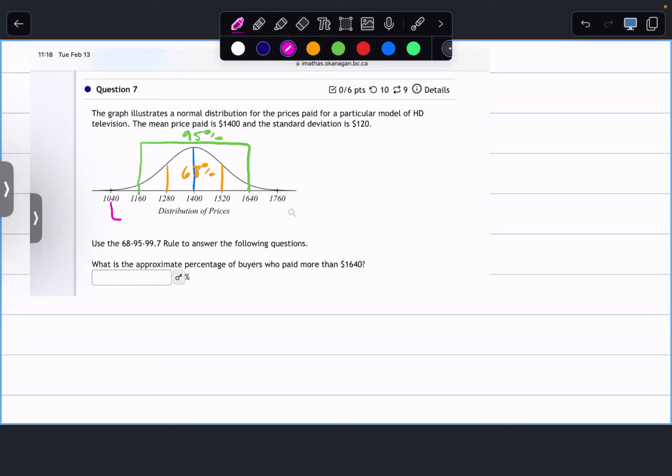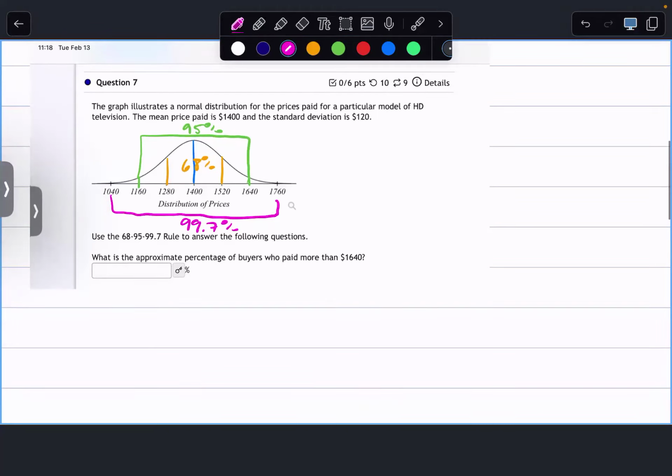And between here and here, we've got 99.7%. If you're using a table, you would get even more precise values, right? And then if you're using Excel, you would get even more precise values, right? But the 68, 95, 99.7 rule is just what we use as a rule of thumb.